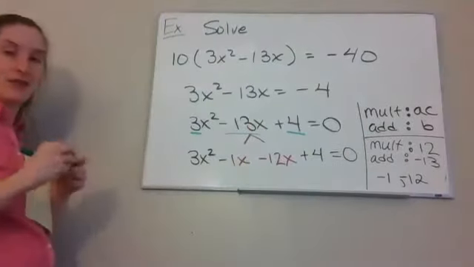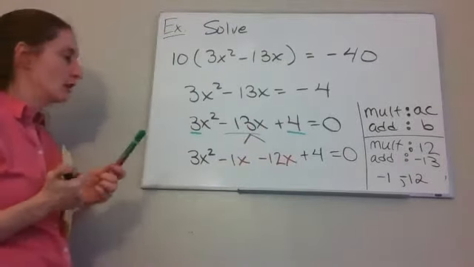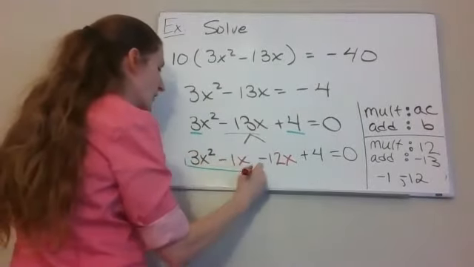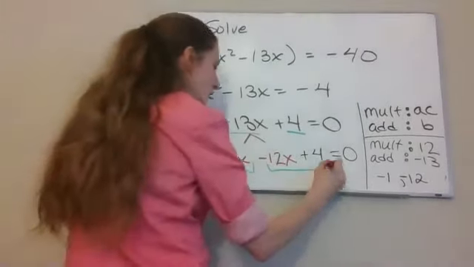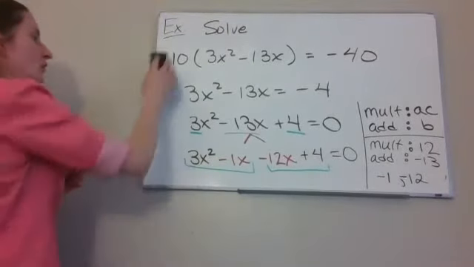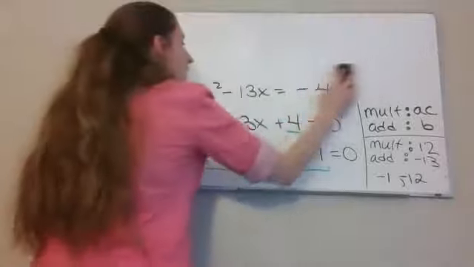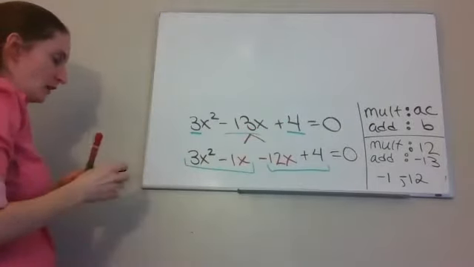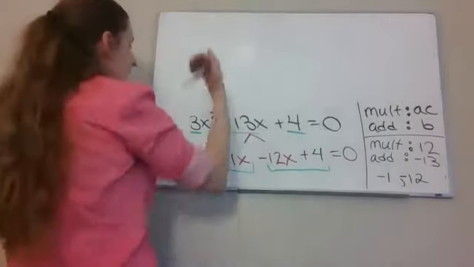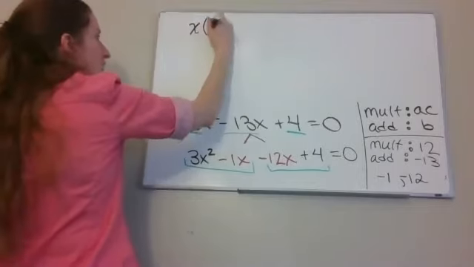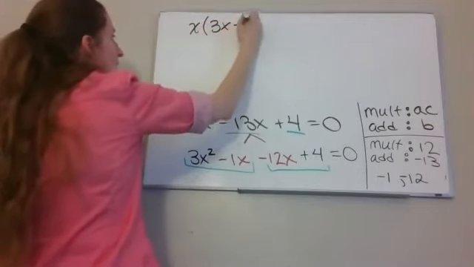And now we get to factor this by grouping. To factor by grouping, you look at just two terms at a time and pull out what they have in common. So when I look at my first two terms, I have 3x squared minus x. What they have in common is an x. So I'm going to pull out that common x, which leaves me with 3x minus 1.